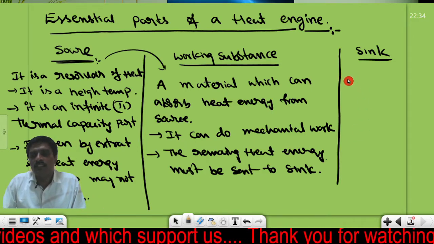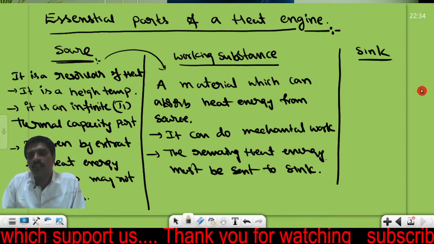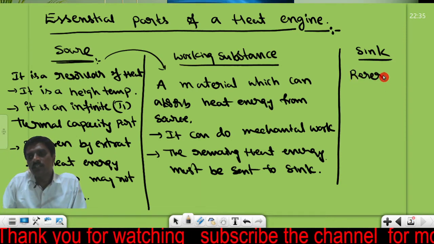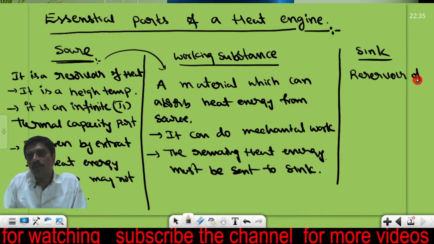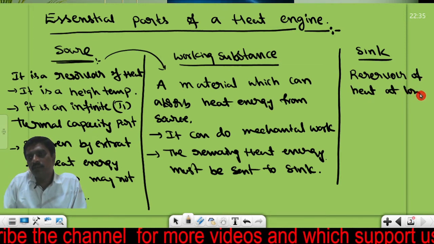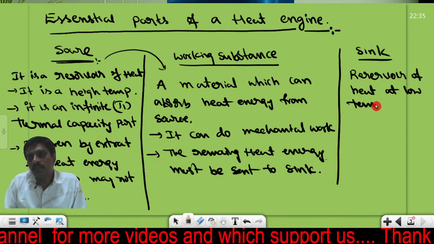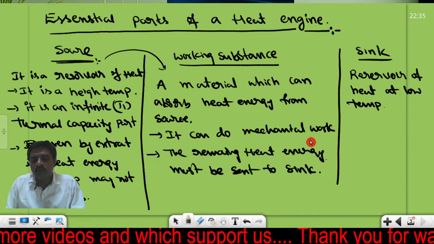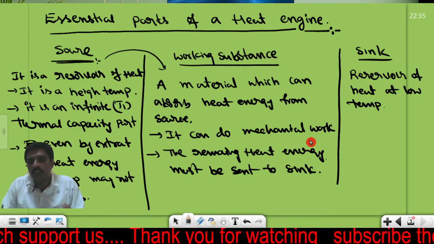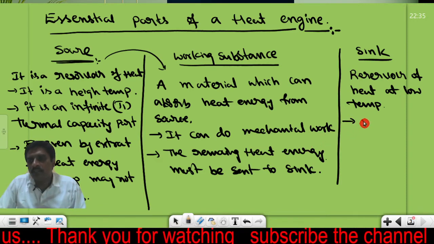Now the sink is nothing but also a reservoir of heat at low temperature. A large amount of heat can be available, but at low temperature. So it is a low temperature part.